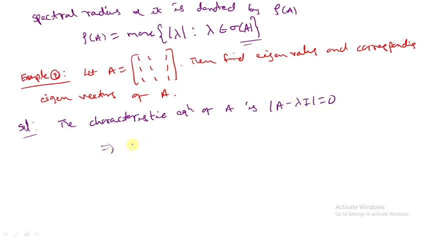This one is [1−λ, 1, 1; 1, 1−λ, 1; 1, 1, 1−λ] equal to 0.